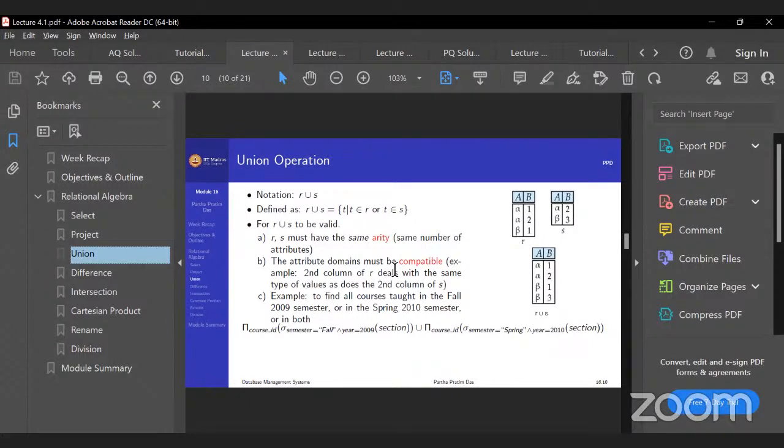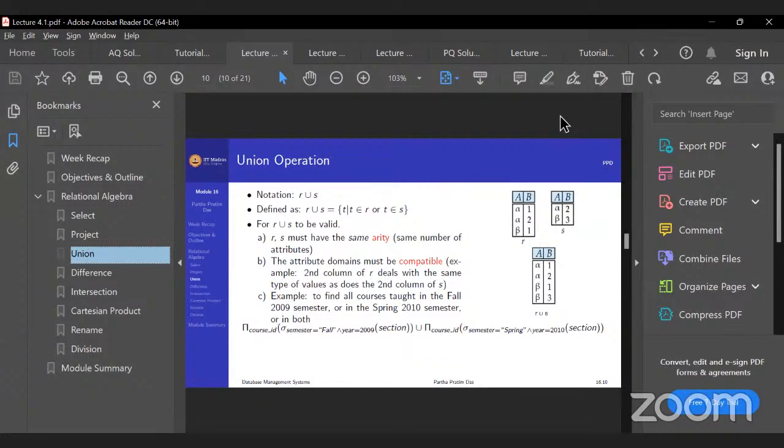In set theory, a set does not allow duplicate values, and whatever is inside the set is unordered.